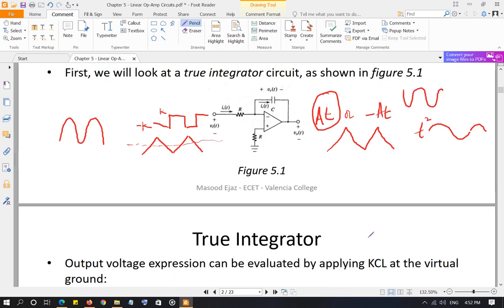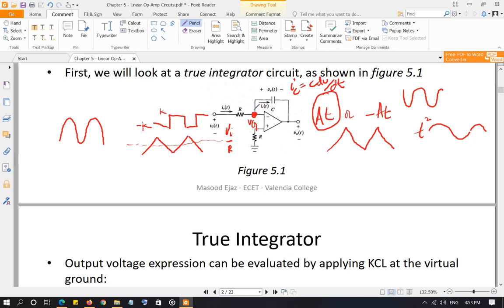The derivation is the same as what we have discussed: at your virtual ground, the current that is coming in will be equal to the current that is going through the feedback loop. So V input over R will be equal to the current through the capacitor, and the capacitor current we know is IC = C dV/dt, where dV is the voltage across the capacitor.